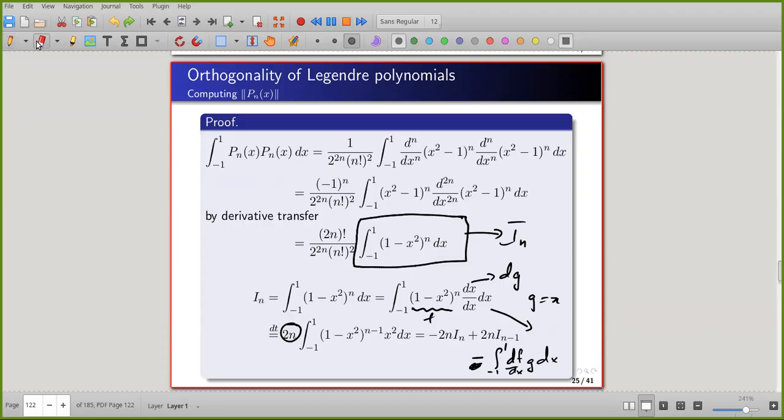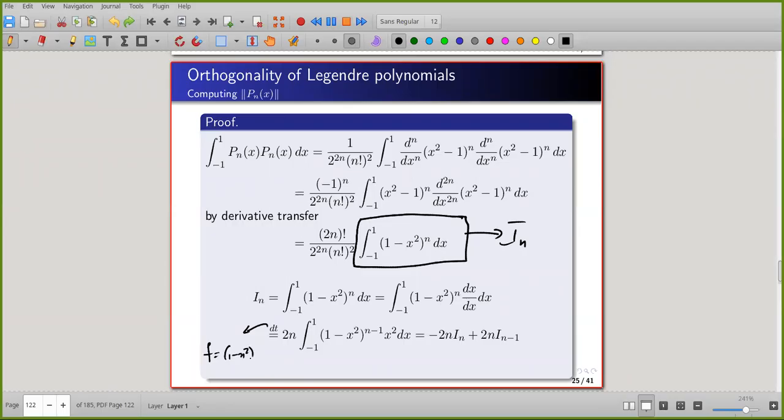So let me erase this, and you can convince yourself that this step is okay. This is by derivative transfer. F is equal to 1 minus x squared to the power n, and g is equal to x.